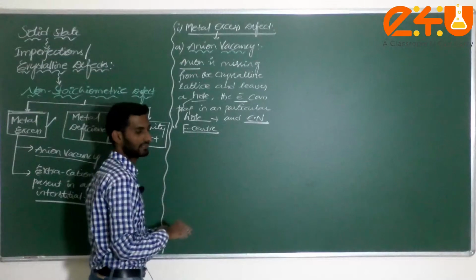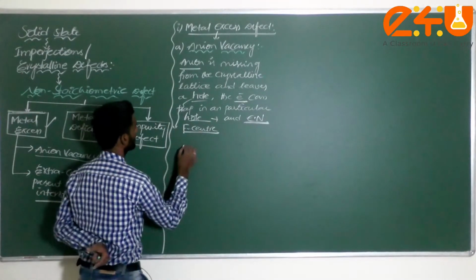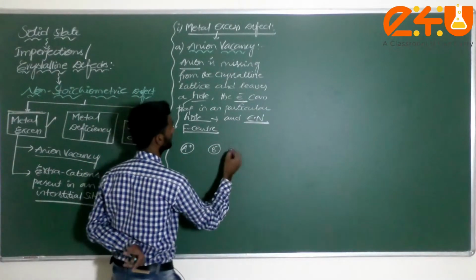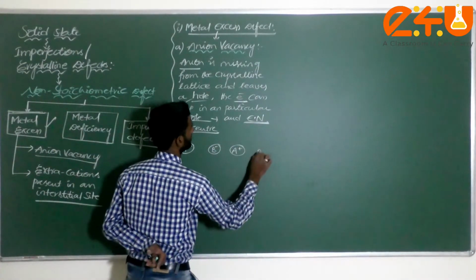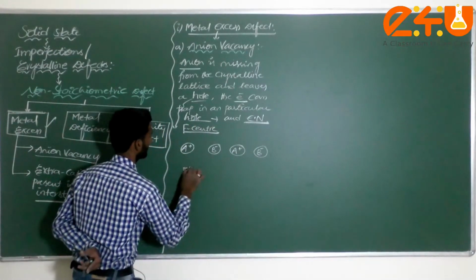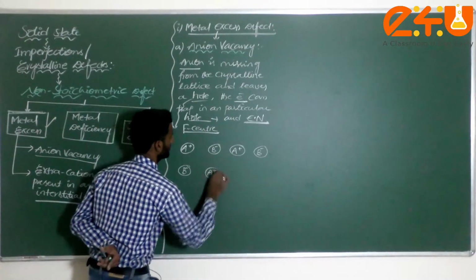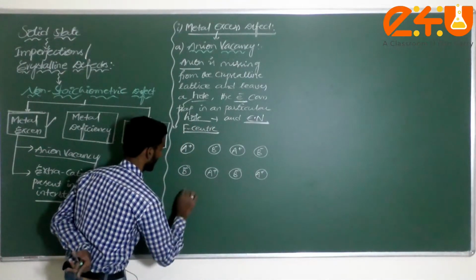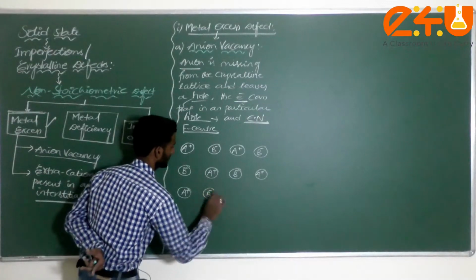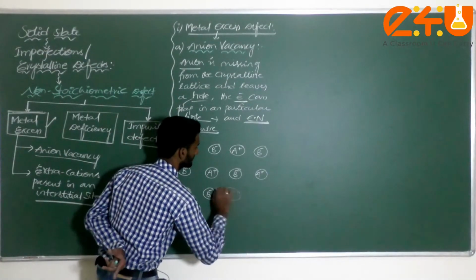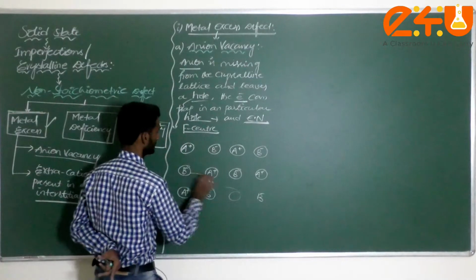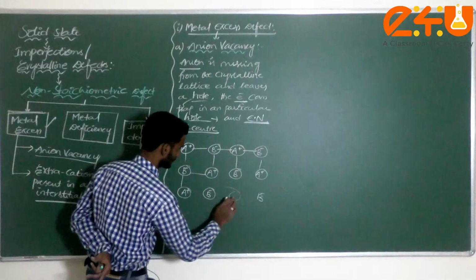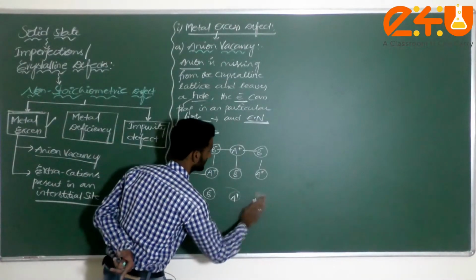What is this F center? We can study it here. Just taking one example: A plus, B minus, A plus, B minus. In the next row, B minus, A plus, B minus, A plus. Then A plus, B minus, and here nothing is there.